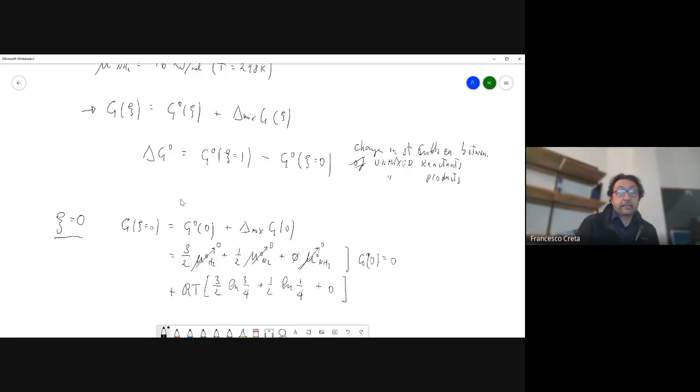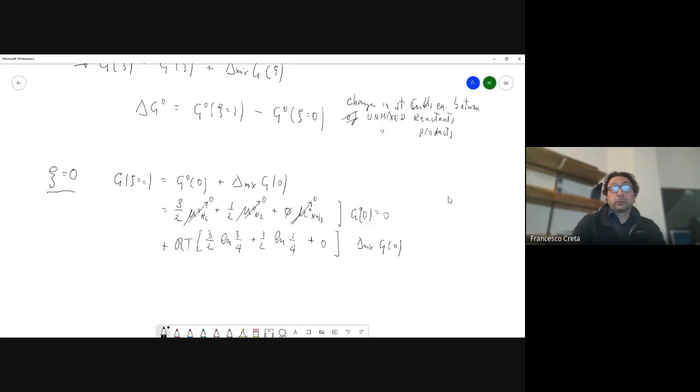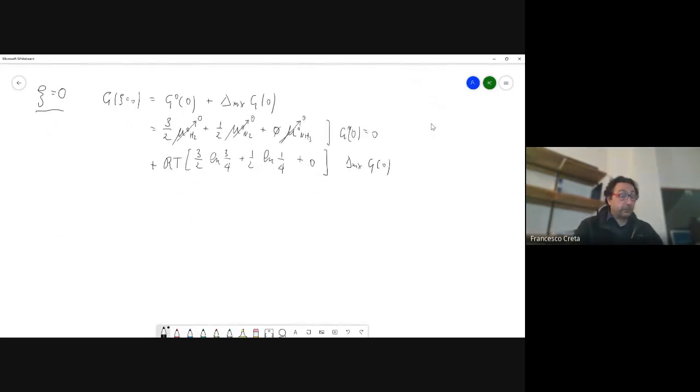And that's delta mix G at 0. So that's psi equals 0. If you calculate these numbers, it would be something like RT times, and these logarithms add up to essentially minus 1.12, meaning that it's negative, because clearly delta mix is negative.